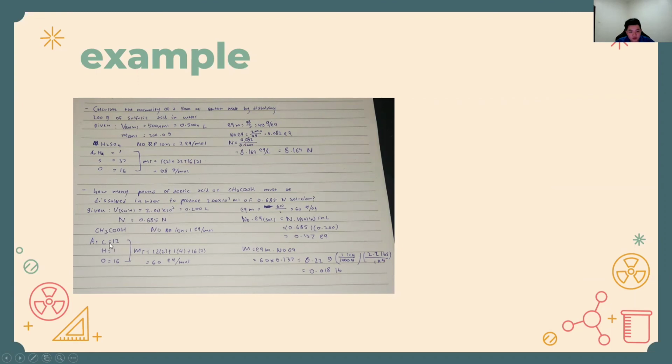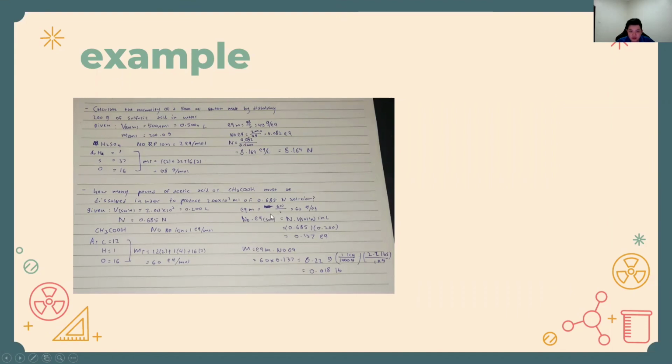So we find the AR first: C is 12, H is 1, O is 16. There is 2 C, H is 4, and O is 2. So 12 times 2 plus 1 times 4 plus 16 times 2, 60 gram per mole. And then the number of replaceable ion is 1 EQ per mole. So we find the EQM, which is the MR per number of replaceable ion, 60 divided by 1, 60 gram per EQ.